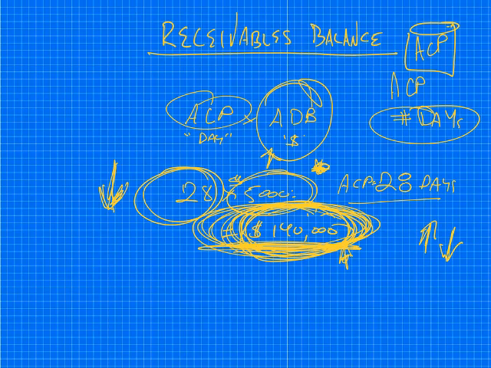So let's say, for example, you have $500,000 in sales for the year. The year totals are usually easier to get. So let's say you know what your annual total is, and that could be sales or revenue.